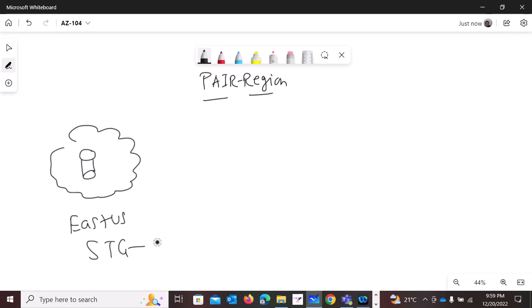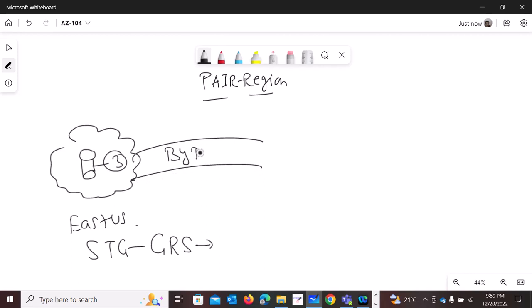And when I choose geo-replicated storage, for example, it creates three copies in the East US, and by default, it creates three copies in the West US.